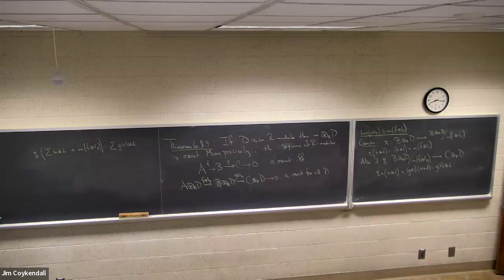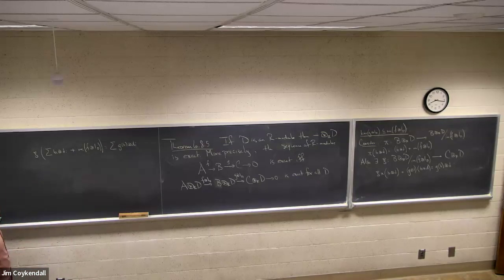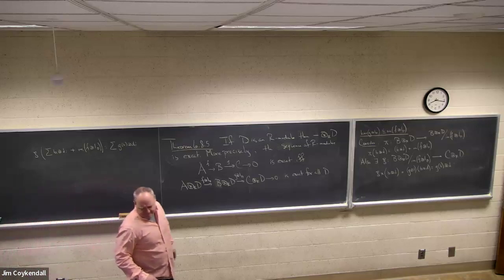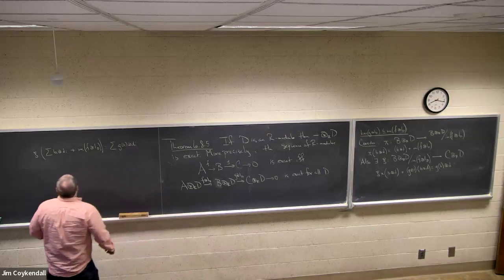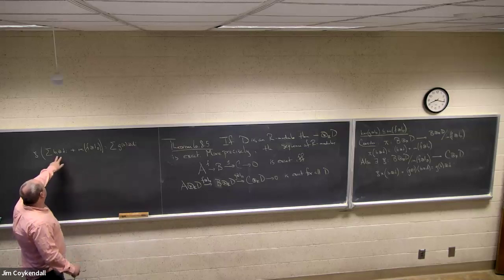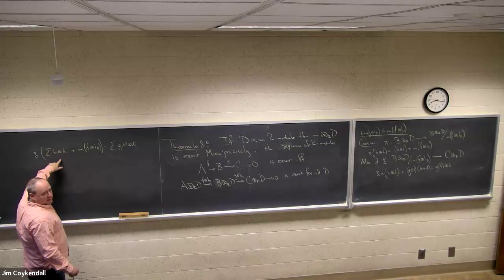Now, what's the first thing that I've got to worry about? Well defined. Can somebody explain why this thing is going to be well defined? Well, suppose that you have two ways to represent this coset, some b_i d_i and some b_i prime d_i prime, right?